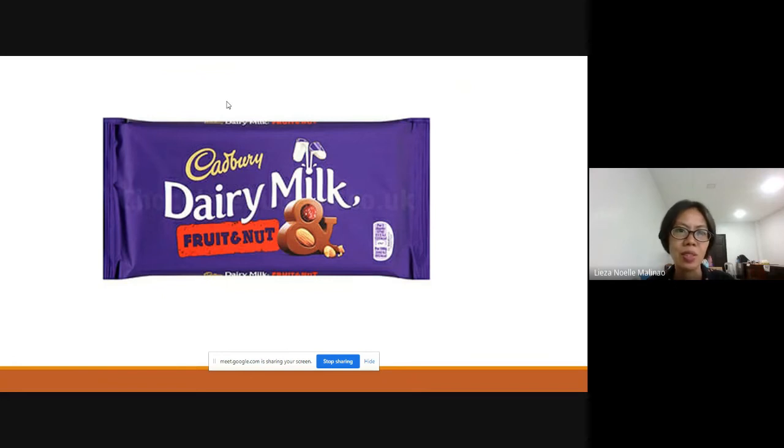Okay, so the Cadbury, if you noticed, although it is written in cursive, still it is made to have some degree of contrast, a good degree of contrast with the violet background because the font color is yellow. Okay, so that's how I would explain the contrast in this product.